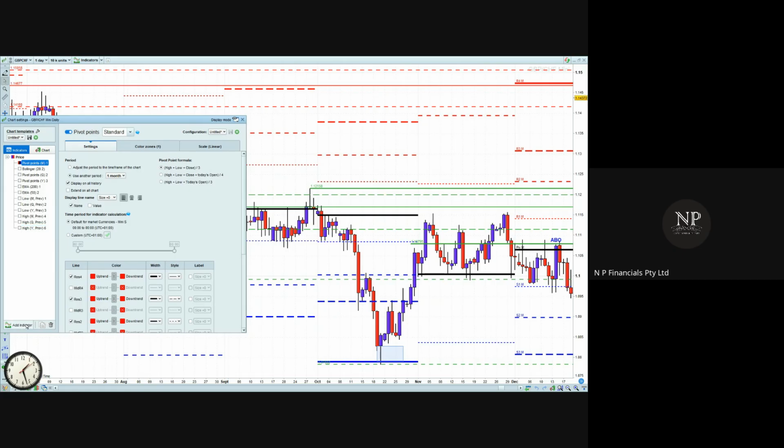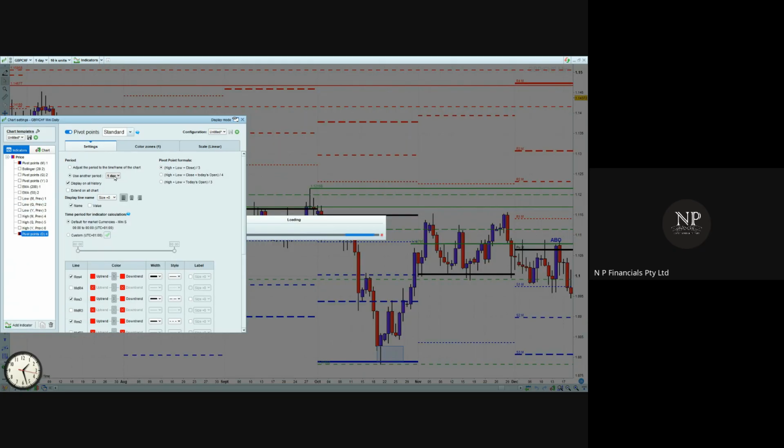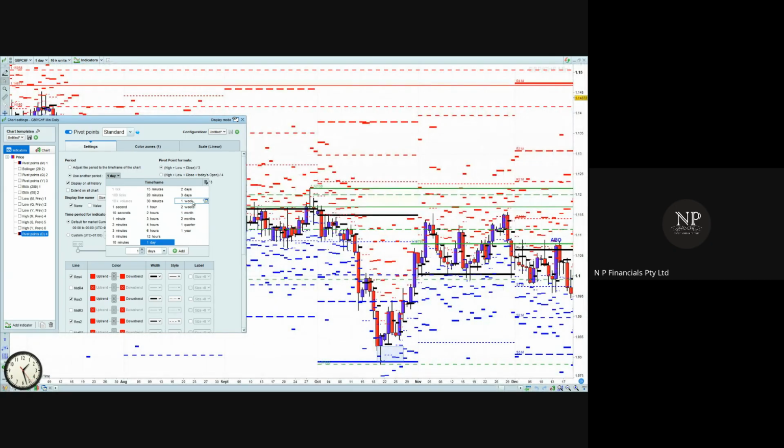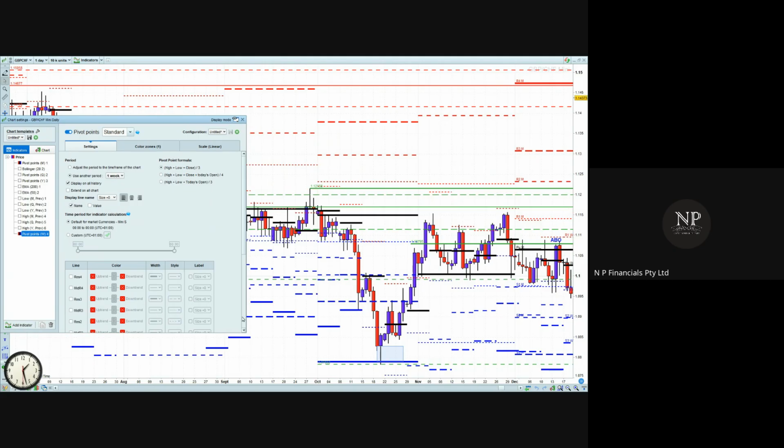So let's add indicator, and then PIV, and then make it pivot points, and then make it weekly. Then just take everything else out.